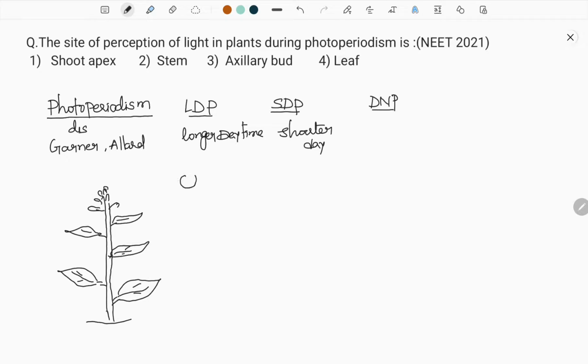Now this is the sun. The sun is beaming sunlight on the leaves. Remember, leaves get affected by the sunlight. That is, the leaves of the plant are the perceptive organs.